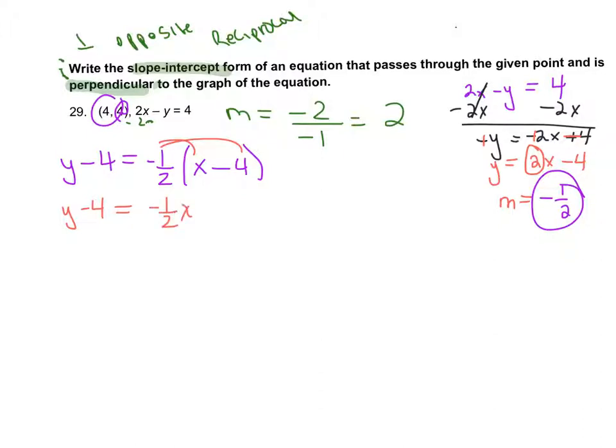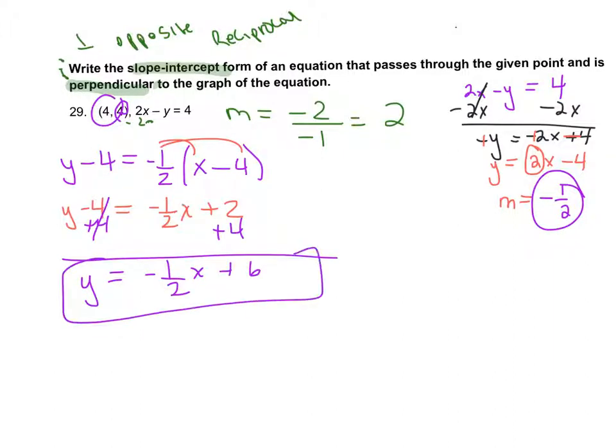Negative 1/2 multiplied by negative 4 is positive 2. Still not in slope-intercept form, so I add 4. y equals negative 1/2 x plus 6. This is the equation of the line that is perpendicular to the given and goes through 4, 4.